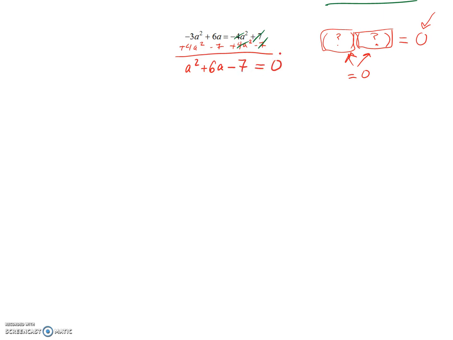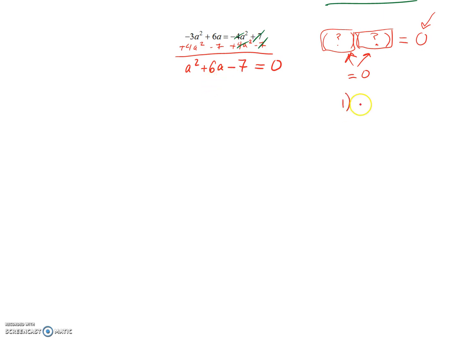Now my goal is to take the left side of my equation and write that in factored form. So for quadratics, there's several different techniques you can use in order to factor this.